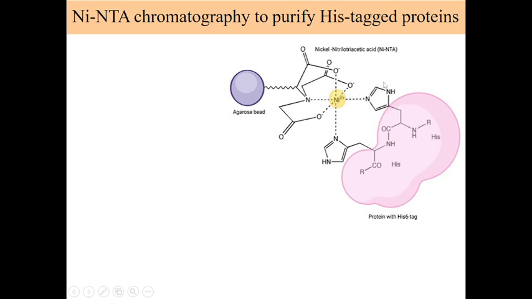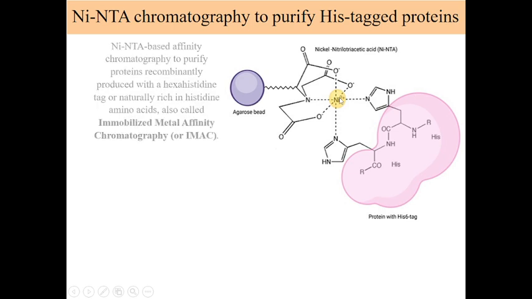The histidine groups of the protein have imidazole side chains, and these imidazole side chains form coordinate bonds with nickel. 6 histidines are introduced at the beginning of the protein, and then the protein remains bound to the stationary phase of the column, and all the undesired proteins without this hexahistidine tag go away as flow through.